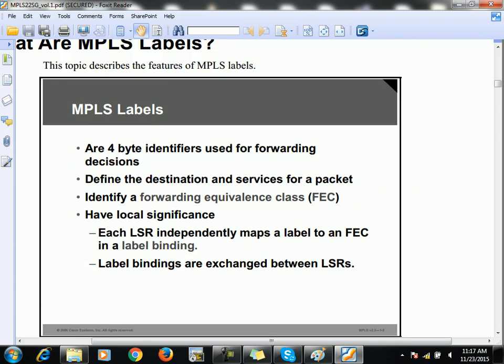So I was telling you that an MPLS label is a 4 byte long identifier which is responsible to define the destination and services for a packet and identify a FEC, forwarding equivalence class. Of course, it has local significance, because all devices will be generating labels for each prefix according to themselves. Each LSR independently maps a label to an FEC in a label binding.